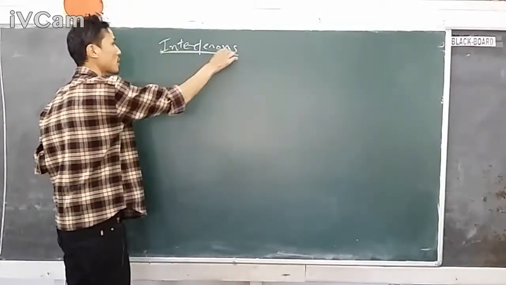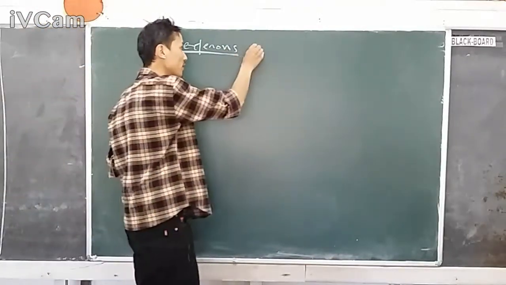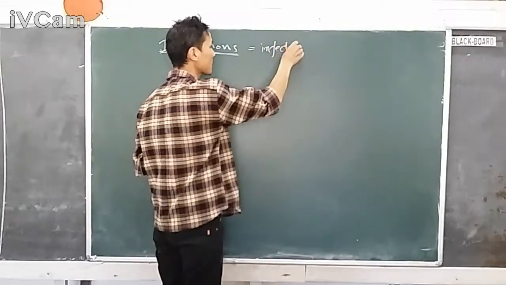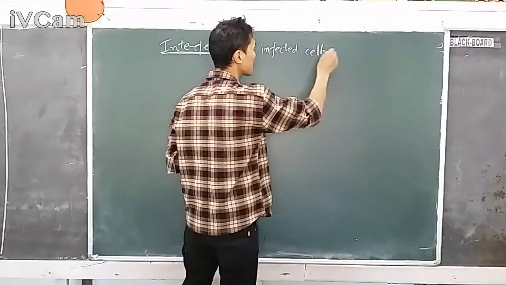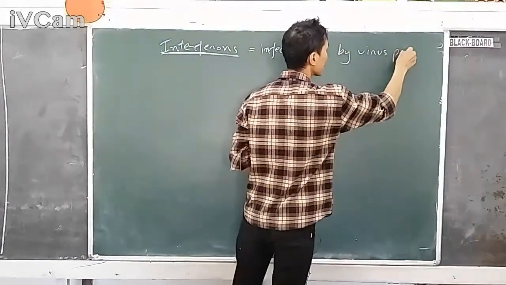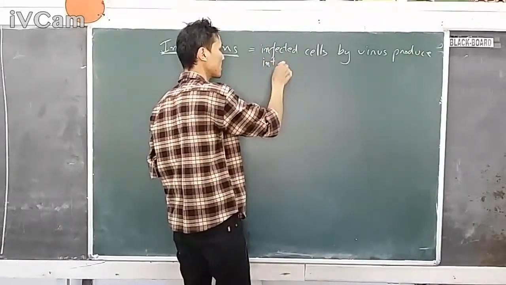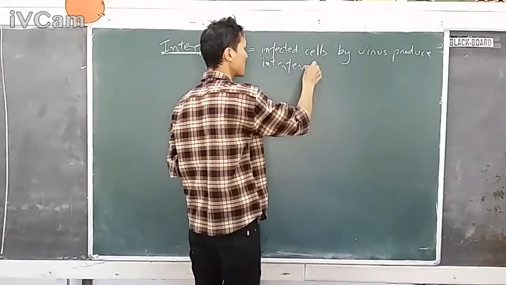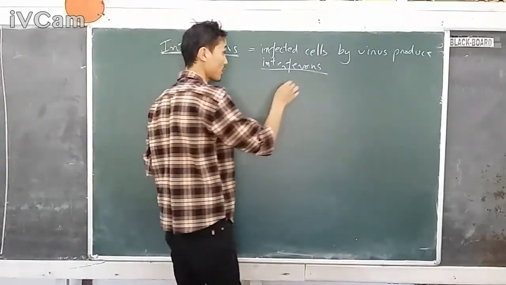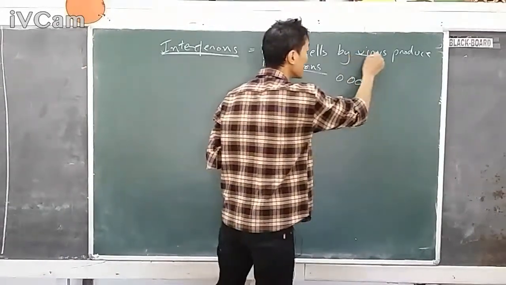Now, interferons are substances which are produced by a cell infected with a virus. And once interferons are produced, they provide immunity to the remaining cells from the virus.